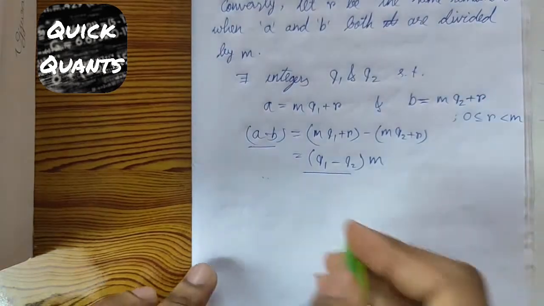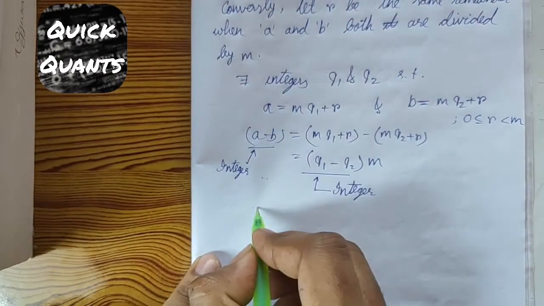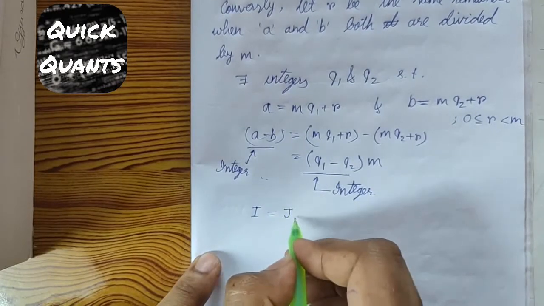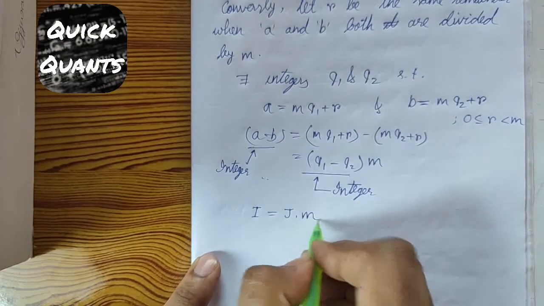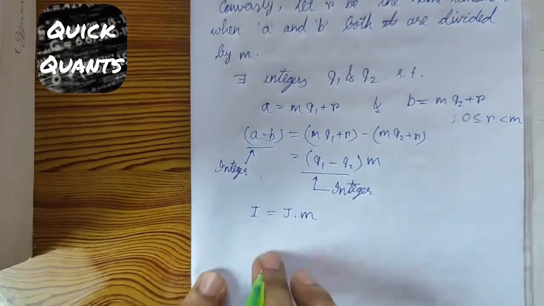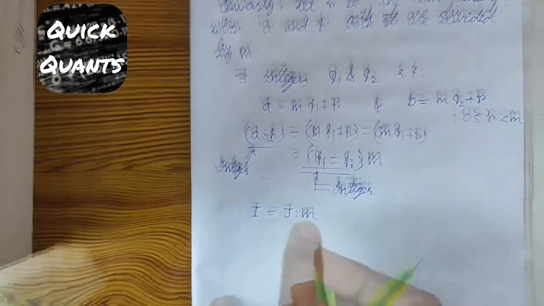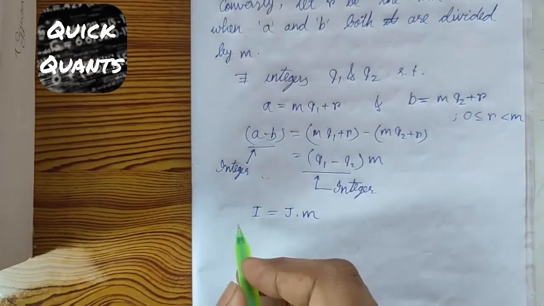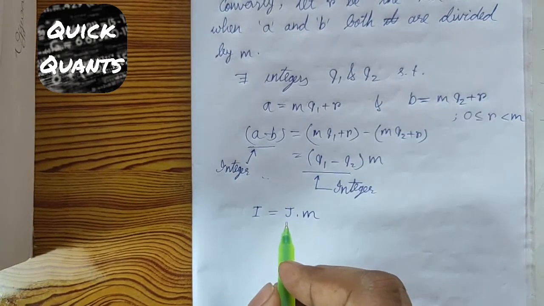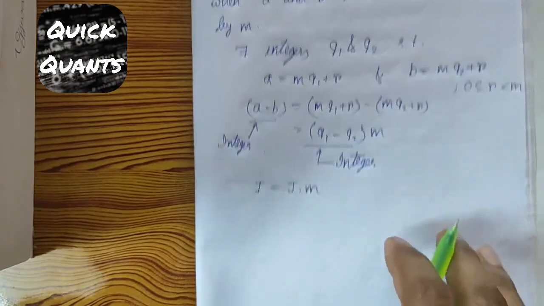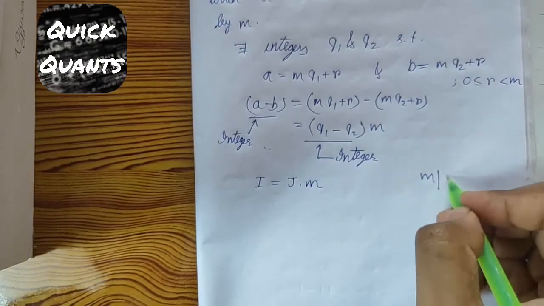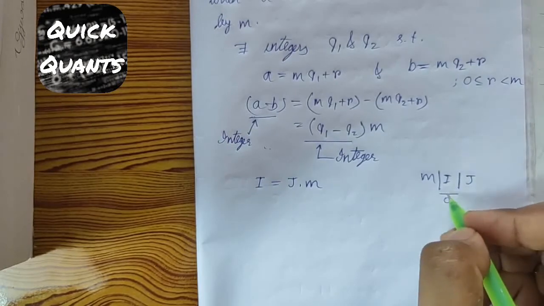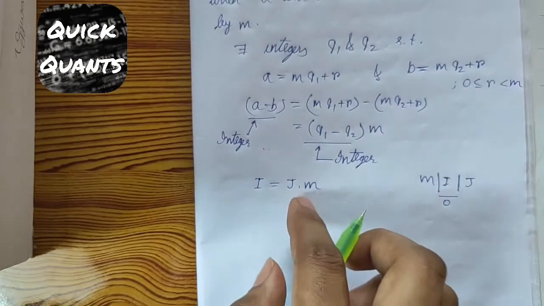So what is happening here? An integer i equals another integer j times another integer m. So we can say that m divides i, and when m divides i we get the quotient j and remainder 0 because it is fully divisible by m.